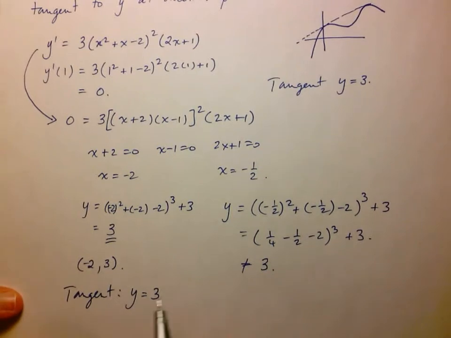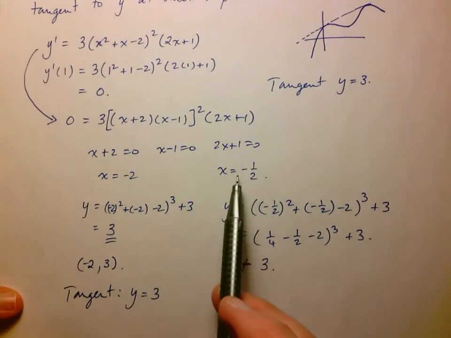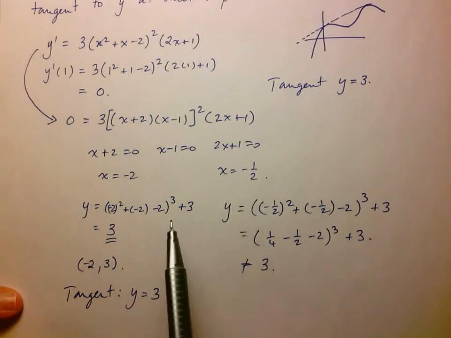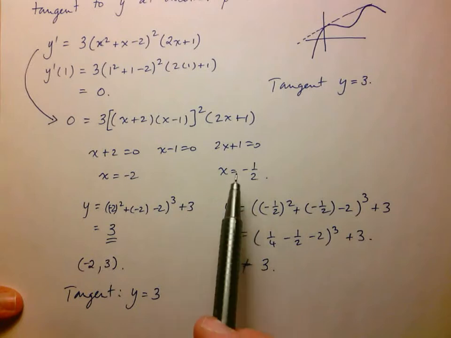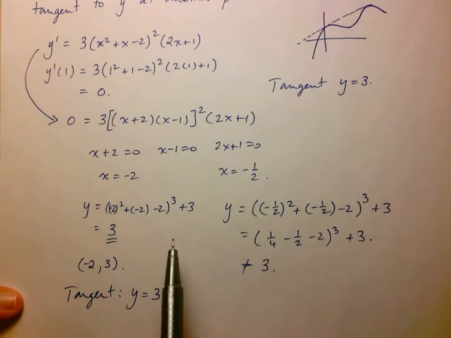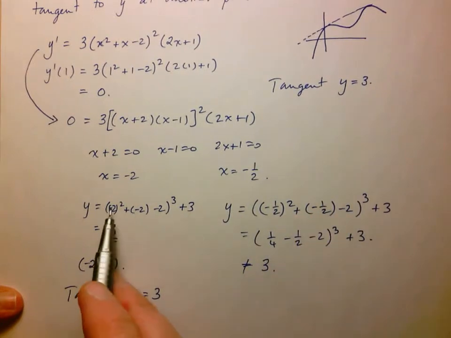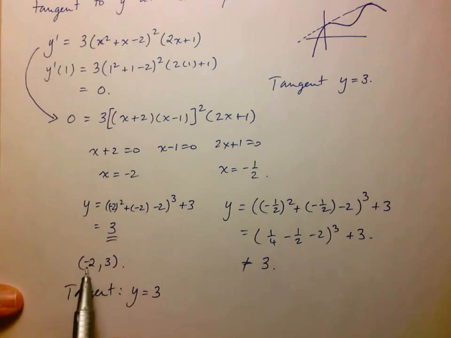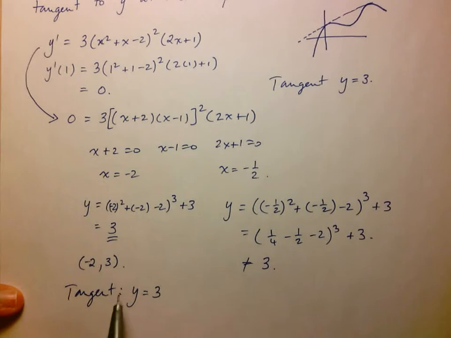So while the slope of the tangent is still 0 at x equals negative a half, the tangent line is not actually given by y equals 3. But because the point at x equals negative 2 is (negative 2, 3), and the slope of the tangent is equal to 0, it also has a tangent line of y equals 3.